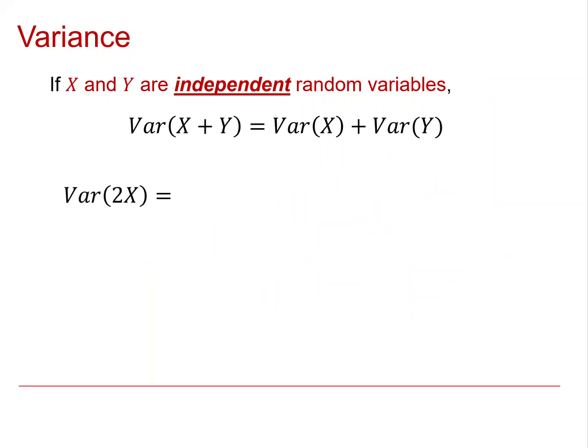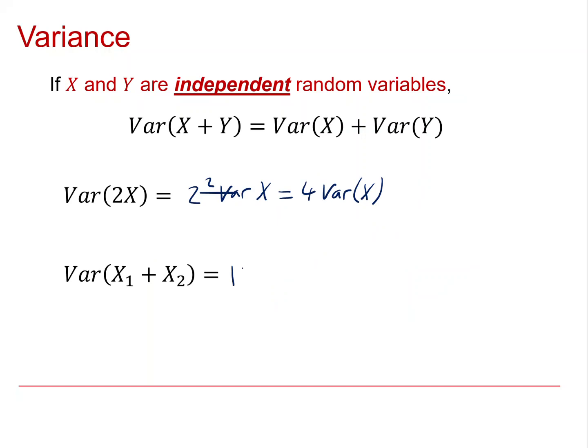Now, an extension of this is that the variance of 2X, from the last video, we remember is equal to 2 squared times the variance of X, which is 4 times the variance of X. Whereas the variance of X1 plus X2 is simply going to be the variance of X1 plus the variance of X2 using the above result.